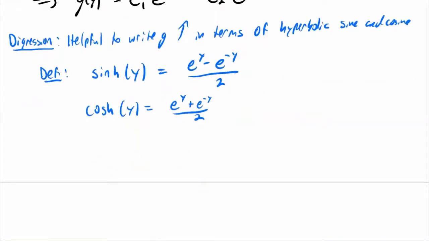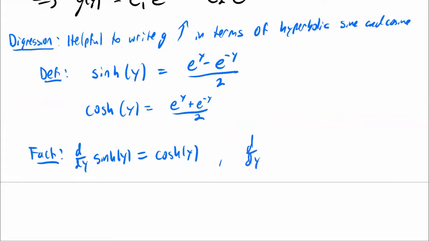And so you can check that if you take the derivative with respect to y of hyperbolic sine, this is hyperbolic cosine. Right? So it behaves kind of like a trig function because you differentiate sine and you get cosine. And also, if you take the derivative of hyperbolic cosine, it doesn't give you minus hyperbolic sine, it just gives you hyperbolic sine.